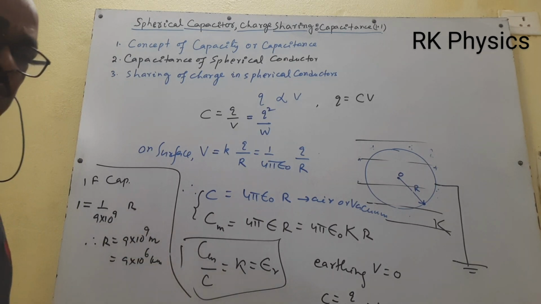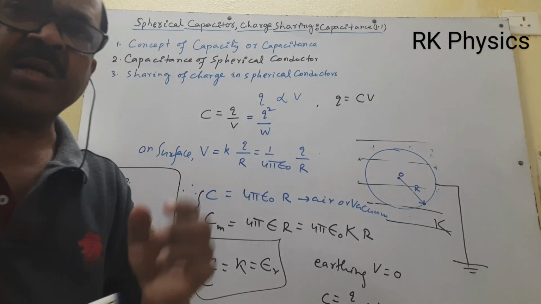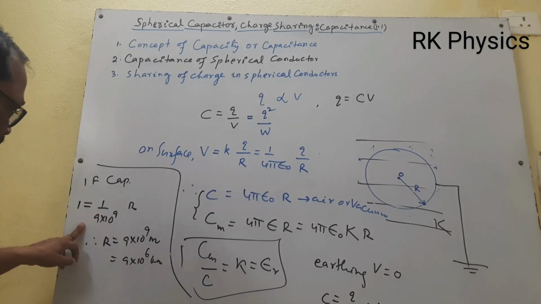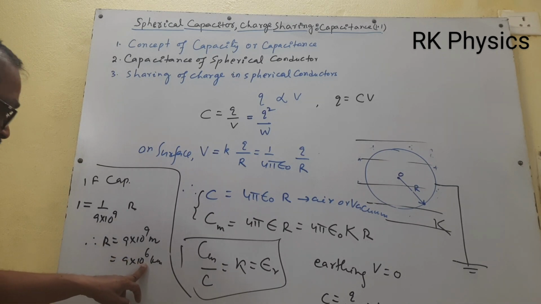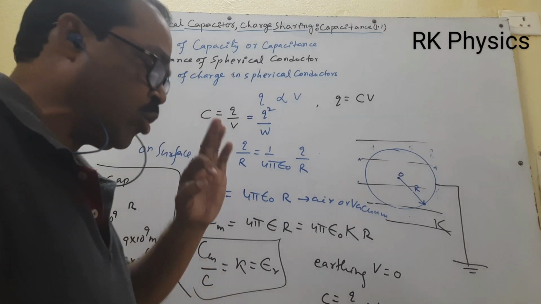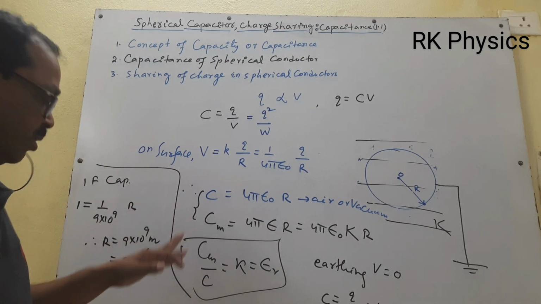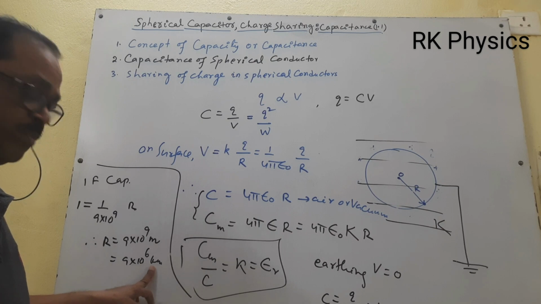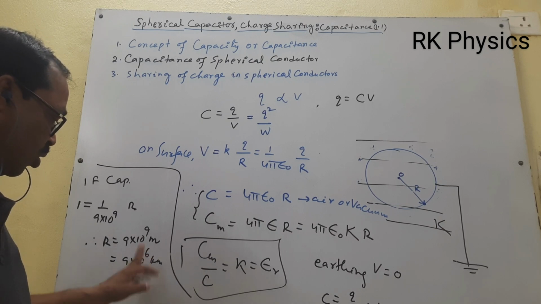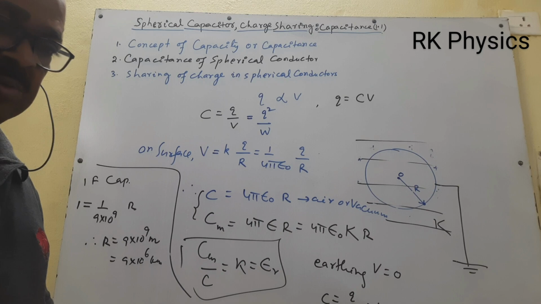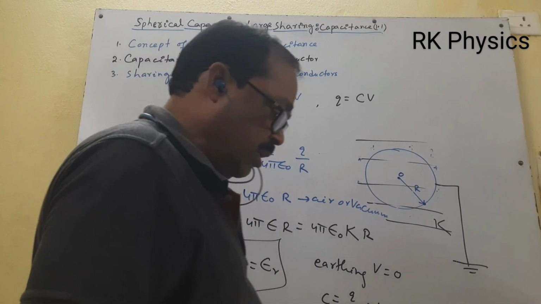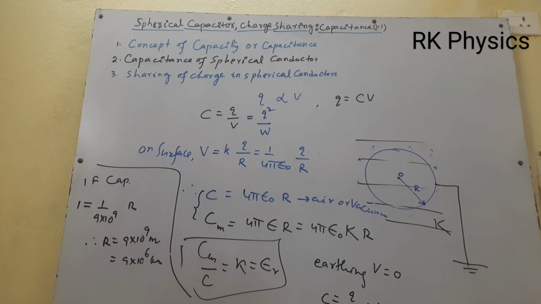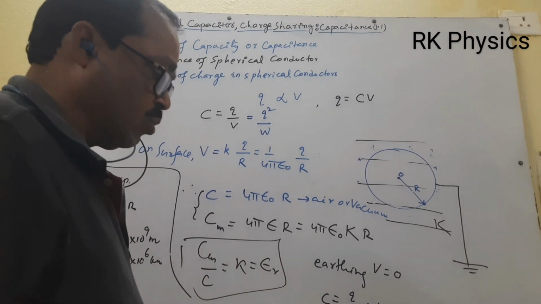That means in order to produce only 1 farad, which is the SI unit of capacitance, the radius of the spherical capacitor should be in the order of 10 to the power 7 kilometer, which is practically not possible. That means this type of capacitor is practically not usable.